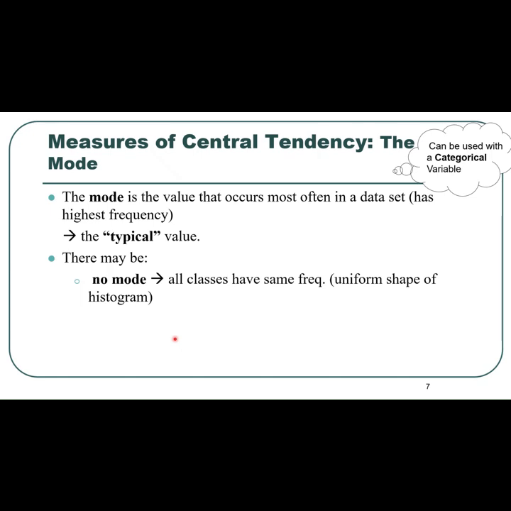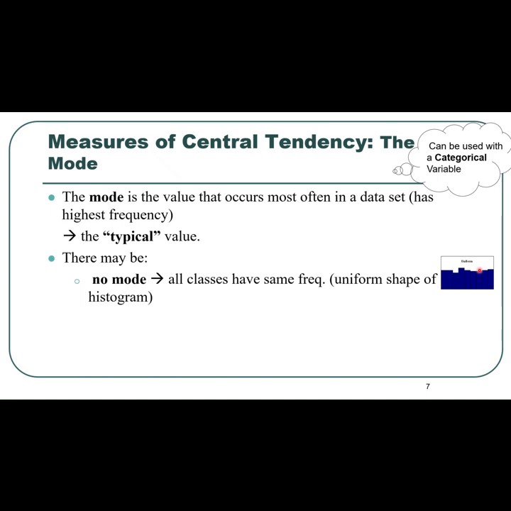I can end up with a dataset that is having no mode just because all of the values are repeated the same number of times, and this is a case where we are gonna call the distribution or the histogram for this dataset a uniform shape distribution, and this is the figure that we did see in our last lecture for a uniform distribution.